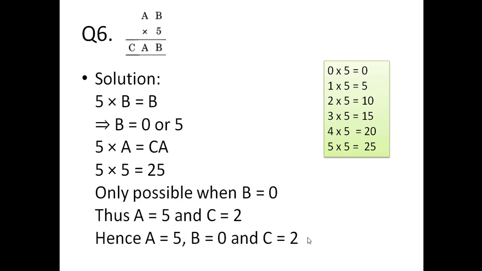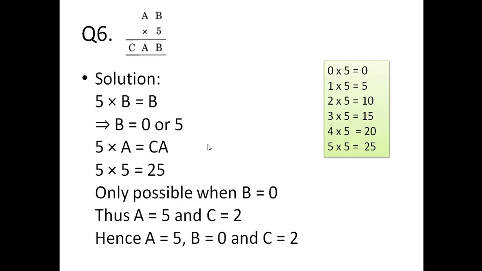Then the next problem, AB into 5 equal to CAB. First, in the units place only, we are taking 5 into B equal to B. Again, in the rough column, 0 and 5 give the same number in the units place.